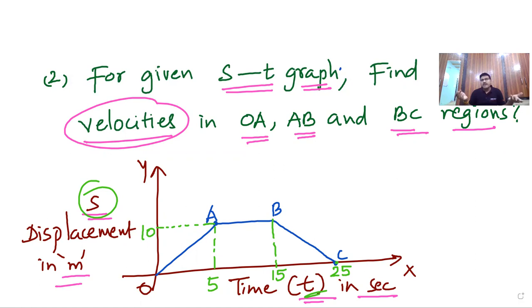A blind thumb rule: whenever a displacement-time graph is given, velocity is simply the slope of that graph. Slope is mathematically y2 minus y1 divided by x2 minus x1.